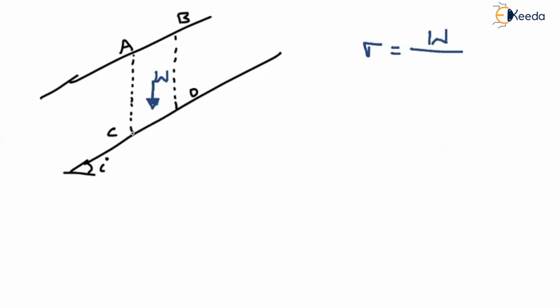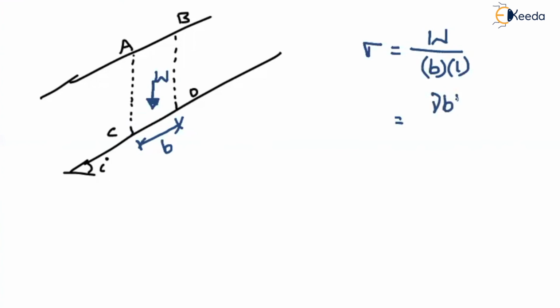We are considering unit length. So what about the width from here to here? We are considering it as b. So the area per unit length on the plane CD will be b into unit length 1. So how much are we getting? W.